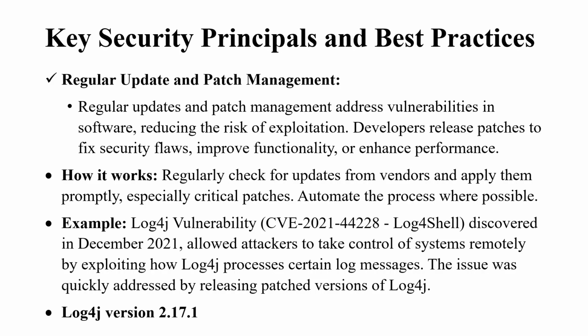This issue was quickly addressed by releasing a patched version, Log4j version 2.17.1. So you see that this was a known vulnerability and it was fixed by a new update, a new release, a new patch. So it is good to ensure that all your libraries are up to date.